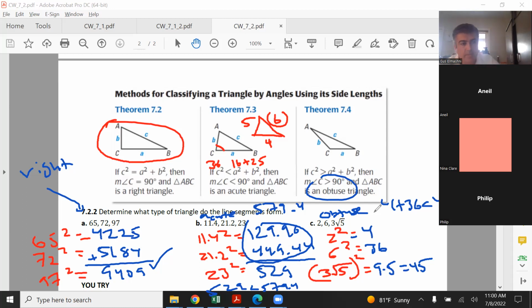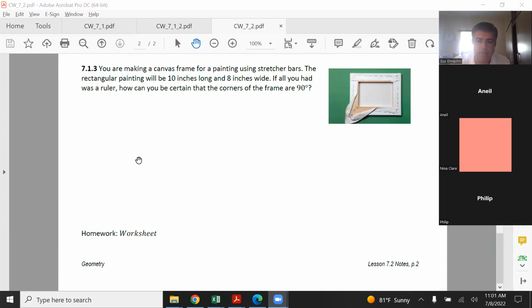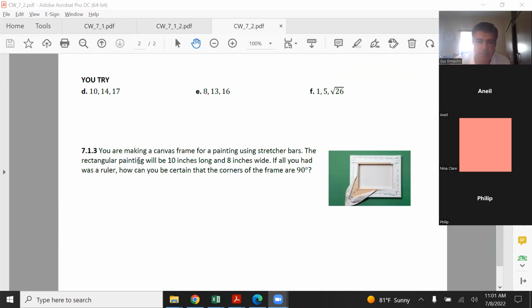Any questions? Okay, so now we scroll down. You guys try that. And then you guys tell me whether they're acute, right, or obtuse.